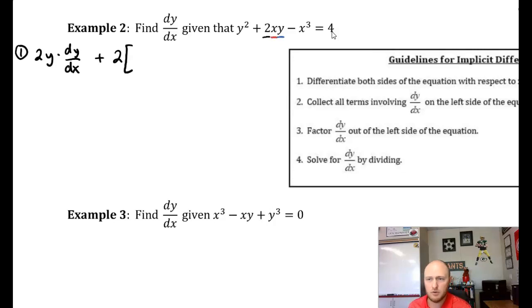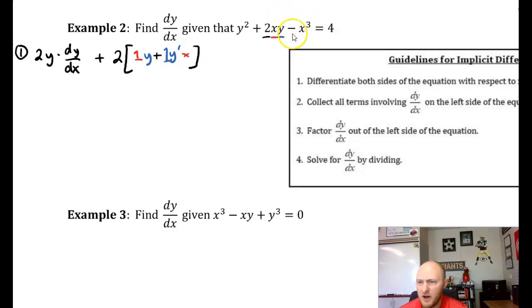So I have to use the product rule, since they're multiplying. The derivative of the first, x, is just 1 times y, plus the derivative of y, which is 1 y prime, times the first, which is x. So we can distribute that 2 in a moment.